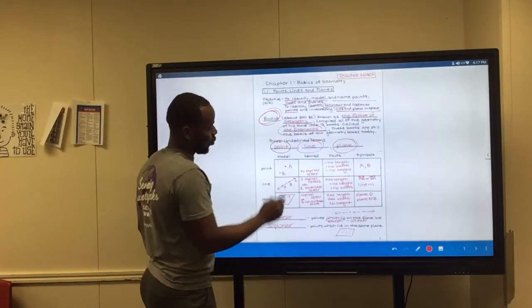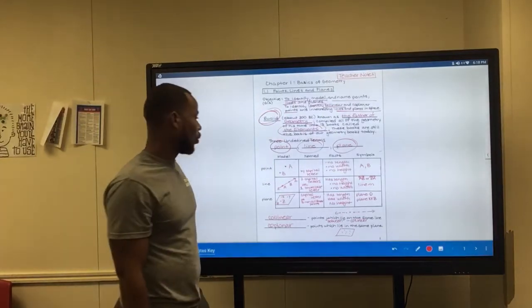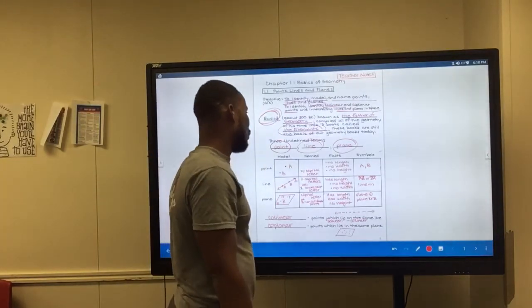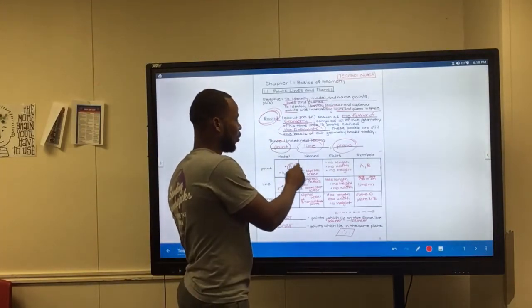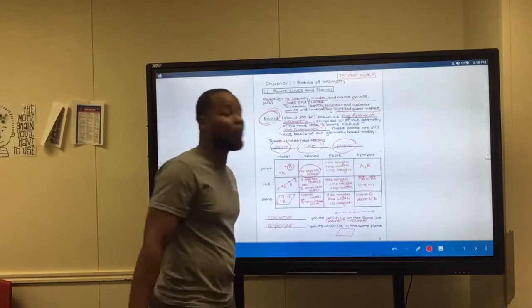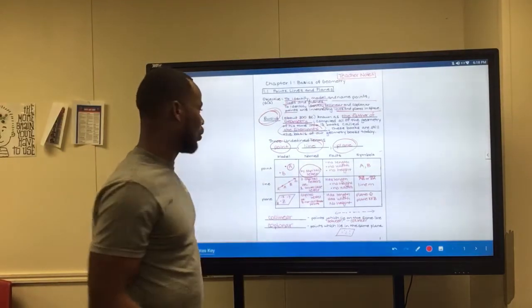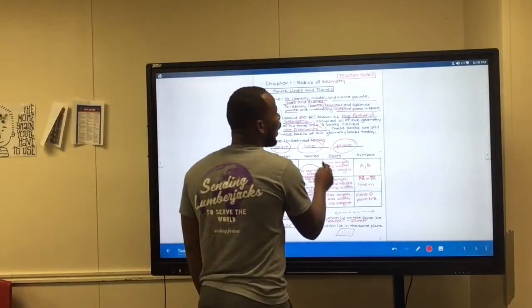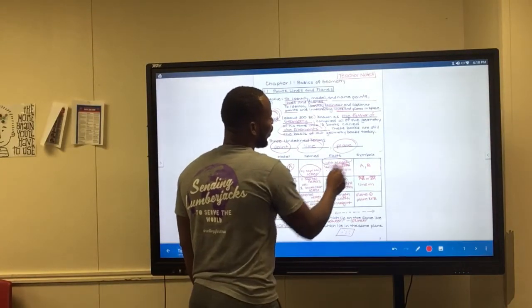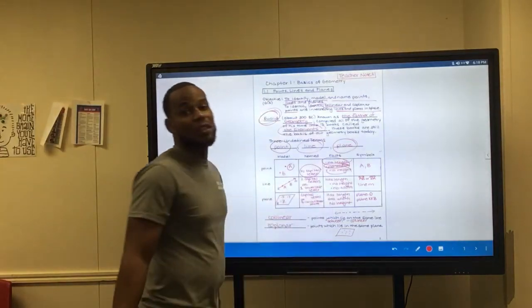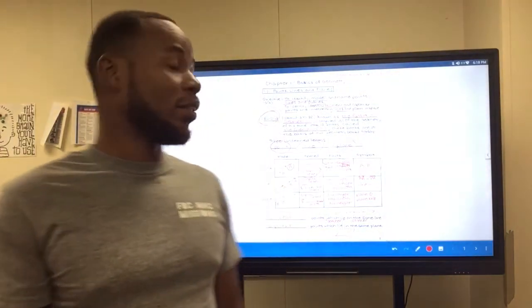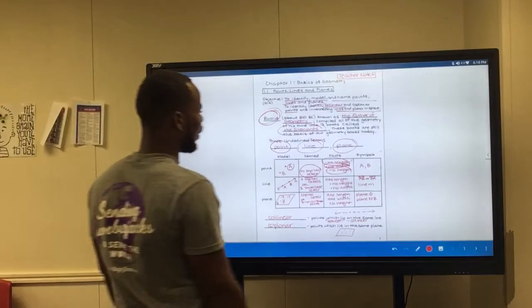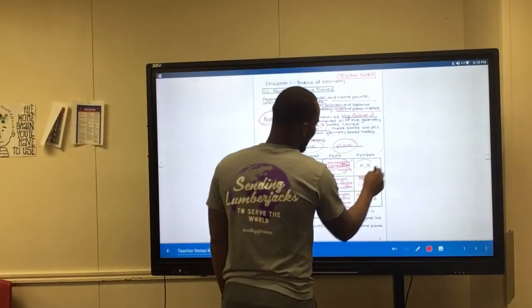Just these two dots are called points, and we represent them by capital letters. Points have no length, no width, and no height. The symbols can be A or B.